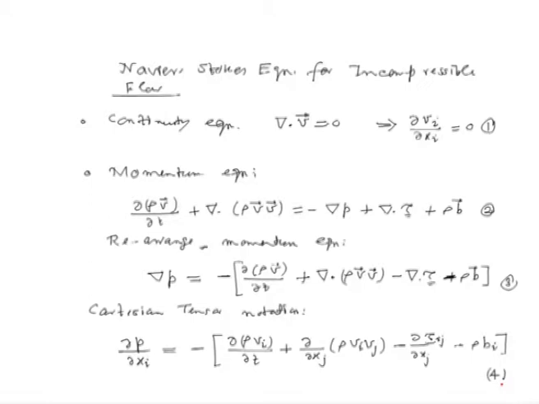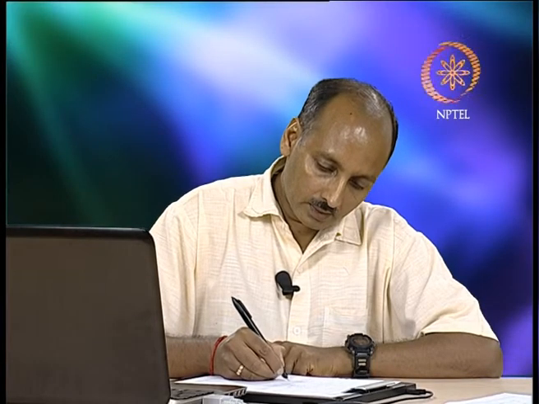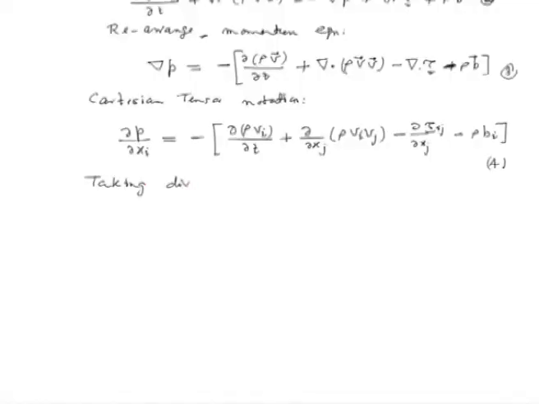Now, let us take the divergence of this equation, because in the continuity equation that is what we have got. So, taking the divergence of the momentum equation, we apply it to this rearranged form. So, what do we get?